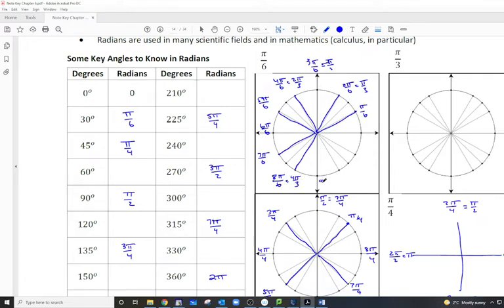And then we'd have 9 pi by 6, which simplifies to 3 pi by 2. And then we'd go to this angle here, would be our 10 pi by 6. And then we'd have this angle here, which simplifies to 5 pi by 3. And then we'd have 11 pi by 6. And then you'd have 12 pi by 6.